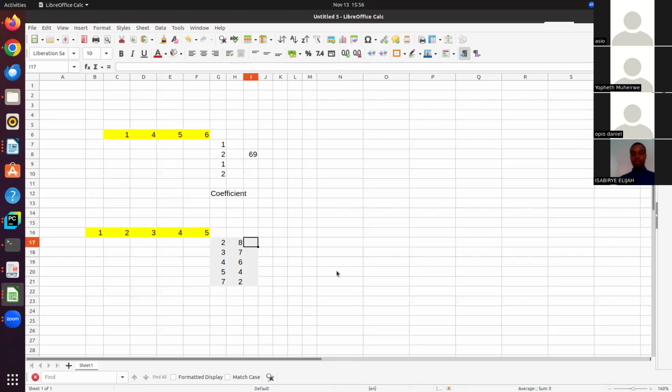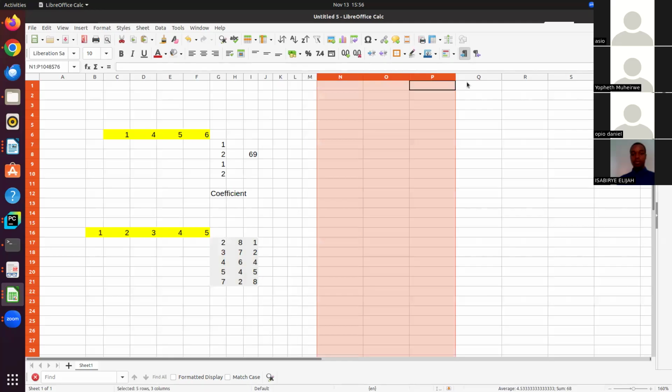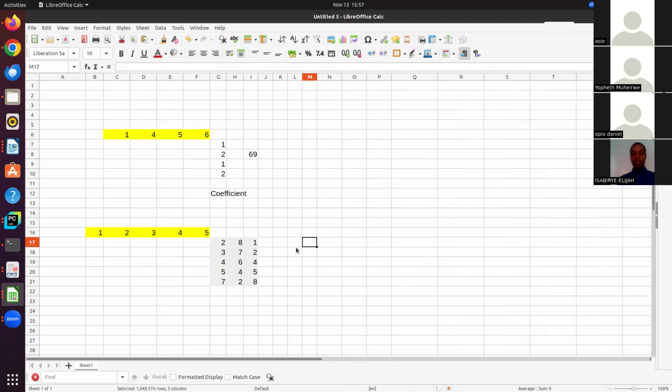Okay, what will happen when we do it this way? When we take a vector that has 5 numbers and multiply it by a matrix of 5 by 3, you can tell immediately you will get a vector with 3 numbers, which makes sense. Let's start with the first one.